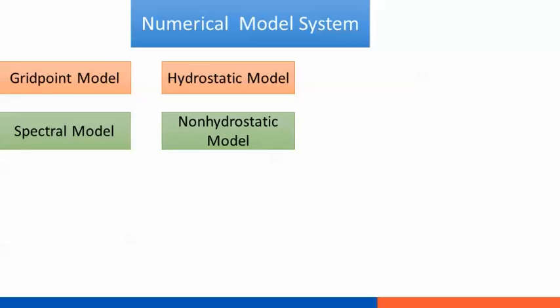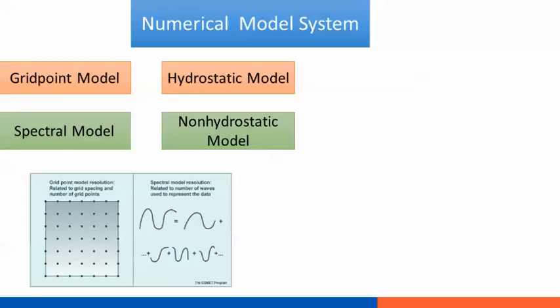Grid point and spectral models are based on the same set of primitive equations. However, each type formulates and solves the equations differently.